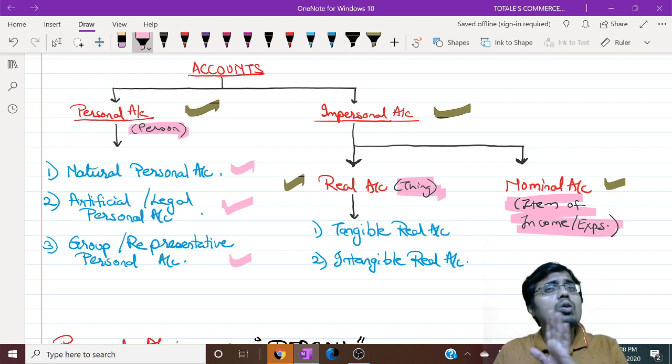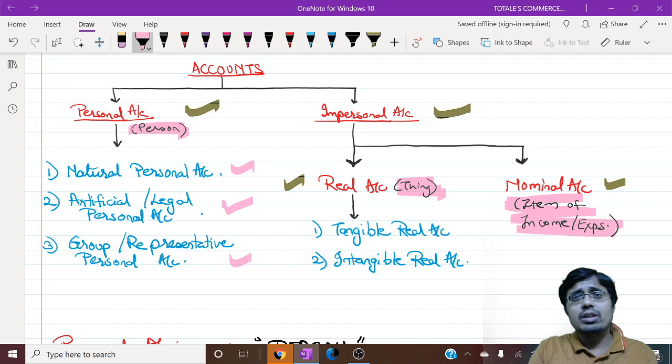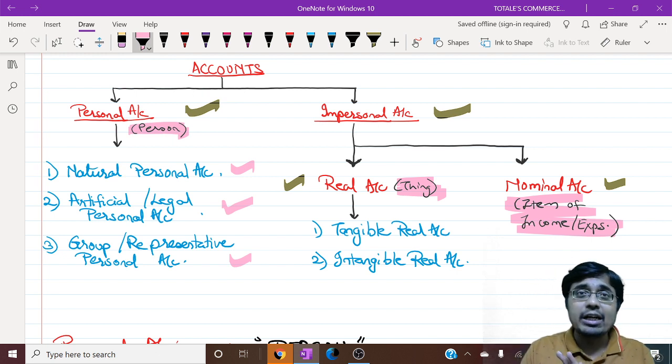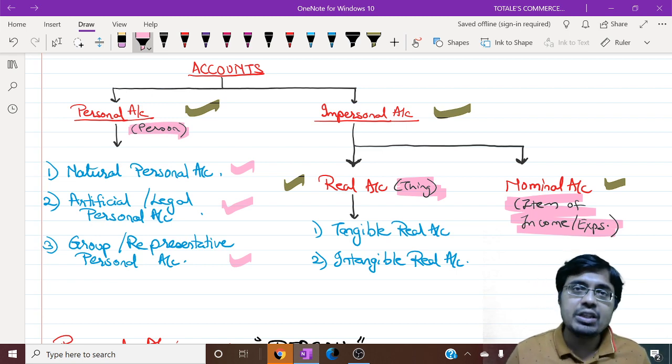For example, the goodwill of a person: it's there, but you cannot see it, right? And nominal accounts deal with incomes or expenses, the various kinds of expenses a business makes and the various kinds of incomes a business receives.